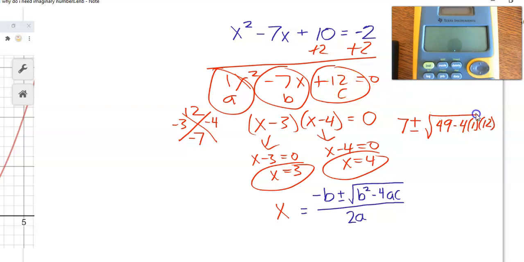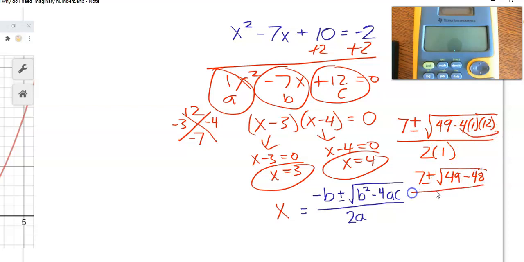All of that is under the radical, and it's all divided by 2 times the value of a, which is 1. So that simplifies to 7 plus or minus the square root of 49 minus, after a little bit of math over here, 48. That's good news because it's coming out pretty simple, and that's divided by 2.